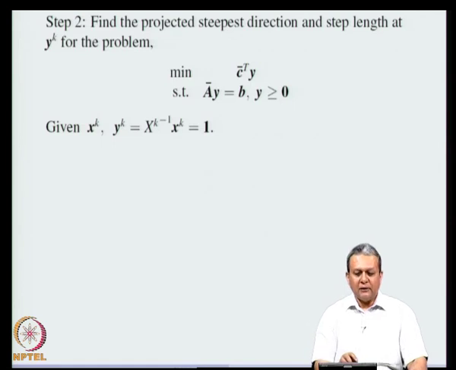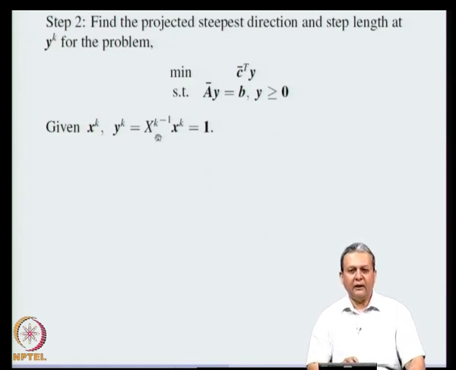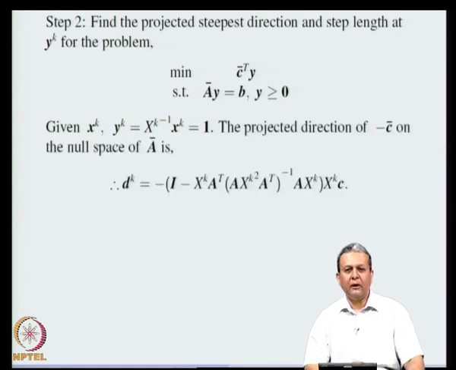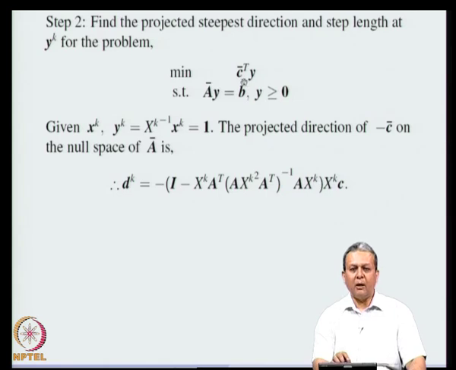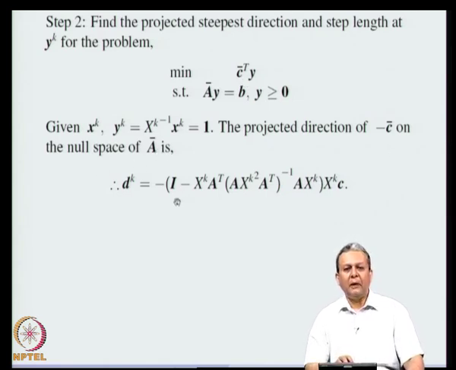So, we have this transformation: given x^k, y^k is nothing but X_k inverse x^k, and that is nothing but a unit vector in the y space. The projected direction of the negative of c bar on the null space of A bar, by using the same ideas that were discussed earlier, we can write as d^k, the negative of the projection matrix times X_k c.